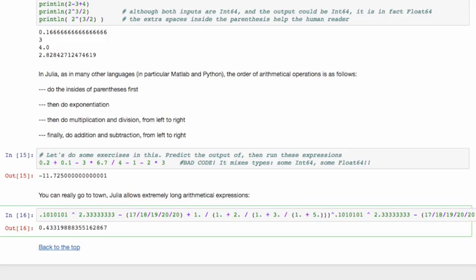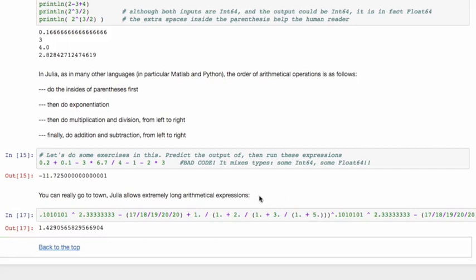I paste it in, and now let's evaluate that expression. I could repeat this whole exercise and make the expression extremely long. Julia will cope. Of course, for a human reader, we don't like to see hugely long arithmetical expressions, or indeed algebraic expressions, because they're difficult to read. But if we need to, we can do them in Julia.